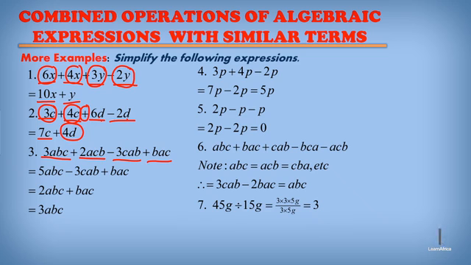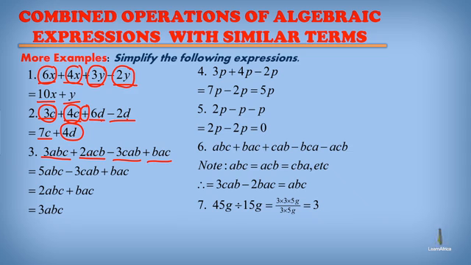As long as we have similar variables represented in each of the terms, we could actually say they are like terms. Now, what do I mean? Here you realize we have a, b, and c. Irrespective of the order, we also have a, b, and c. Same thing here and same thing here. So we can say they are all like terms. So we can go ahead and carry out the operations that are here.